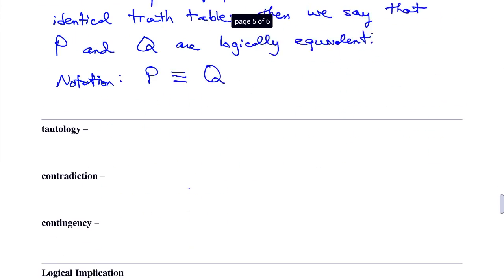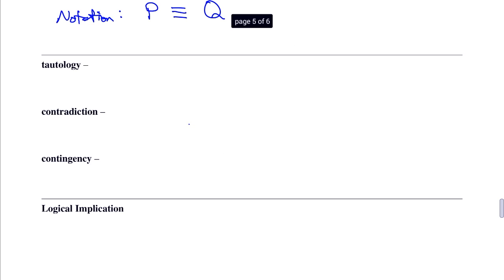Next one is tautology. Tautology means that all entries in the truth table are true.